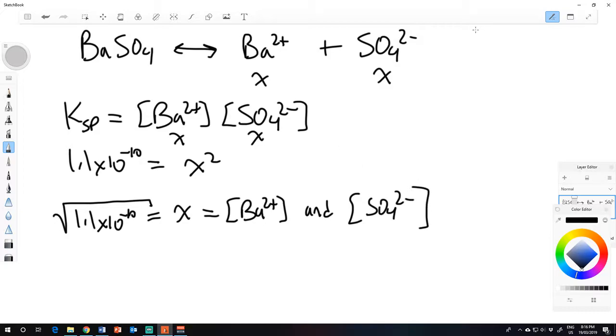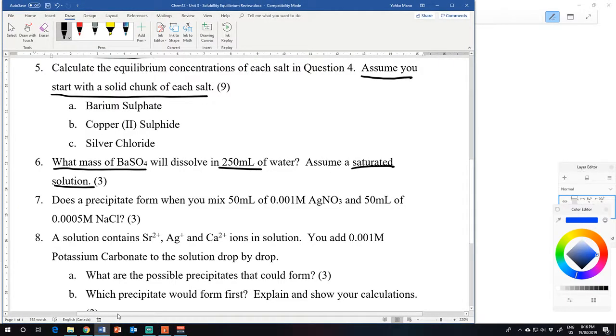Now, one thing this also allows me to figure out is, by extension, the concentration of the barium sulfate. That's important because this question is asking me for what mass of the barium sulfate will dissolve in some amount of water.